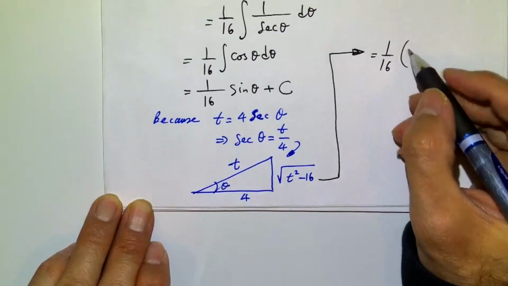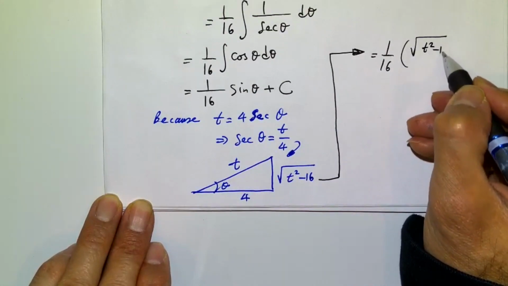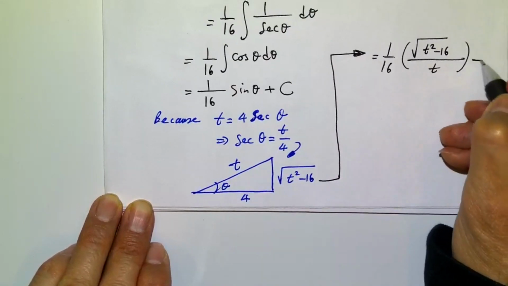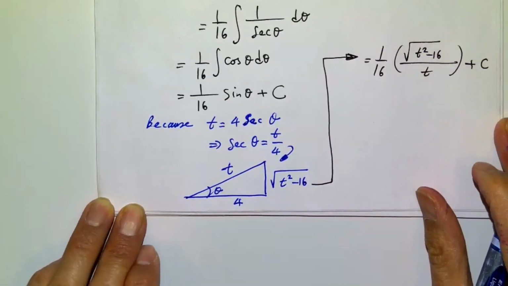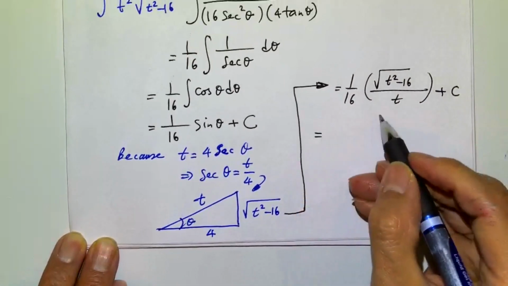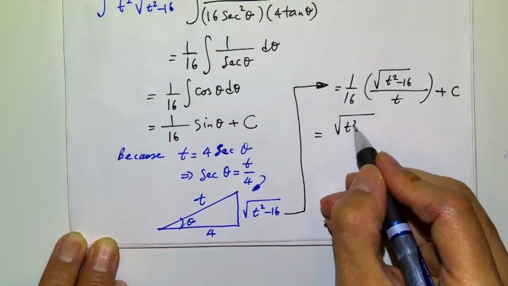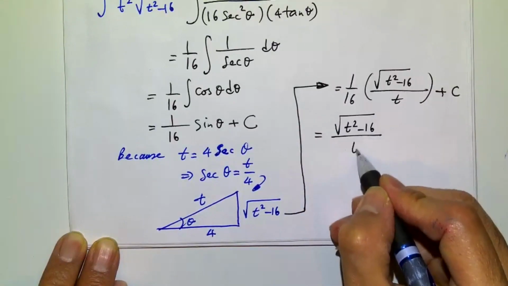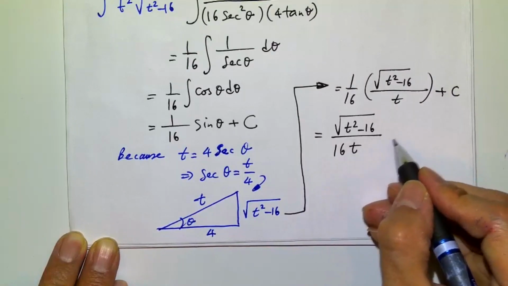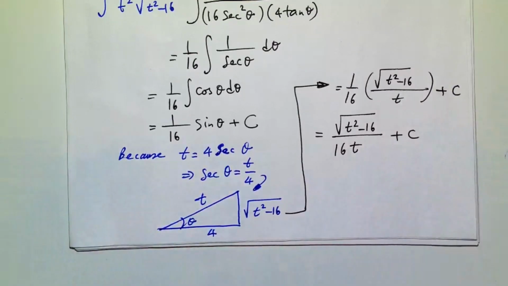So we have times the square root of t squared minus 16 divided by t, plus c, of course. And then we get the square root of t squared minus 16 over 16t plus c, like that.